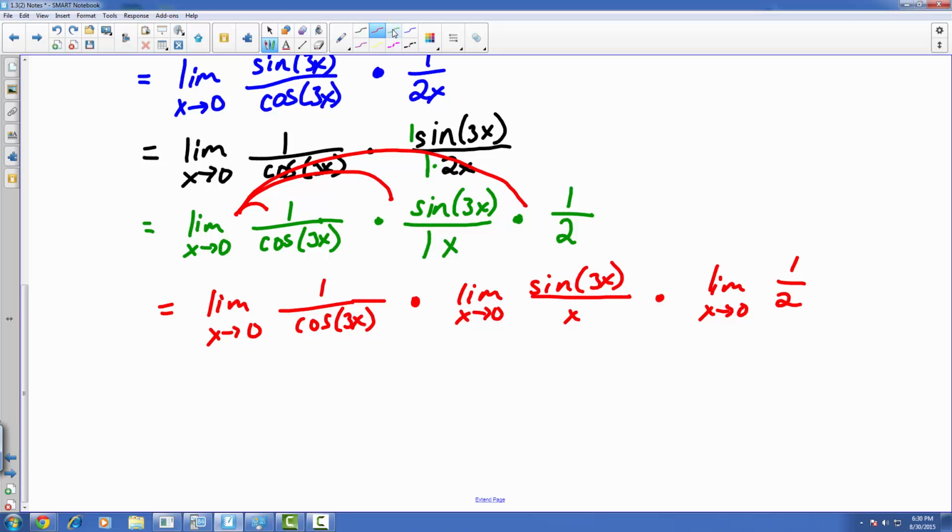Now, when we're just looking at this, we see that we have this function, the sine of 3x over x. Well, in order to get it common with that definition, we need to have this 3 on the bottom. So we're going to do a little bit of foo by multiplying 3 on the bottom, but 3 on top as well.